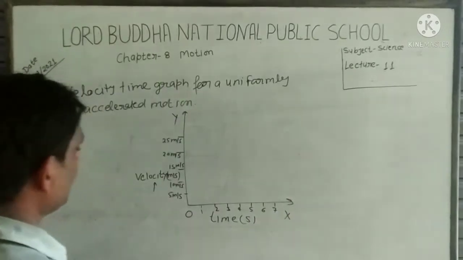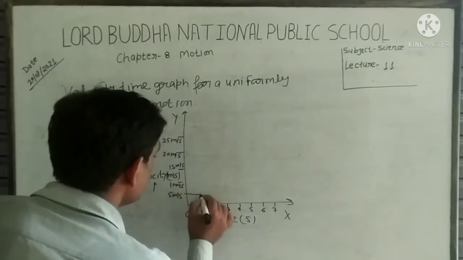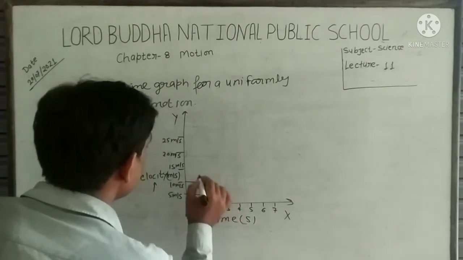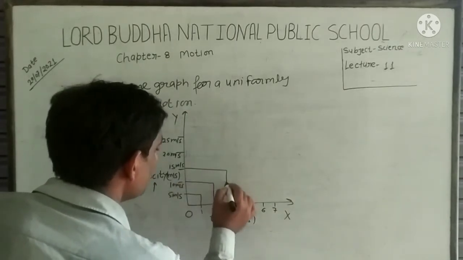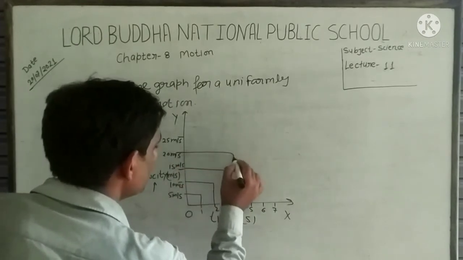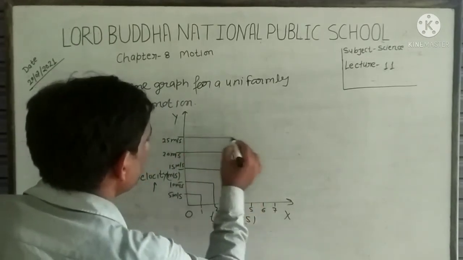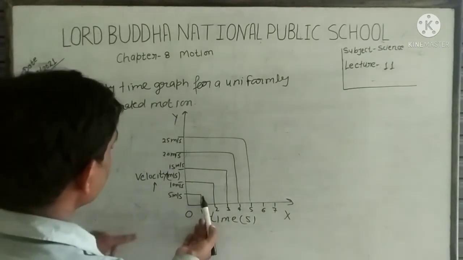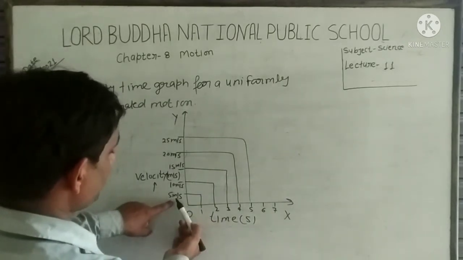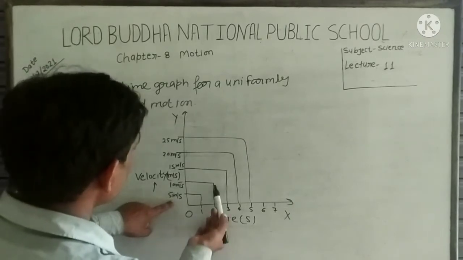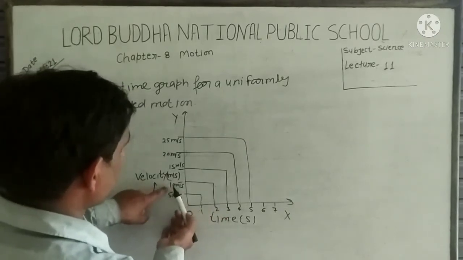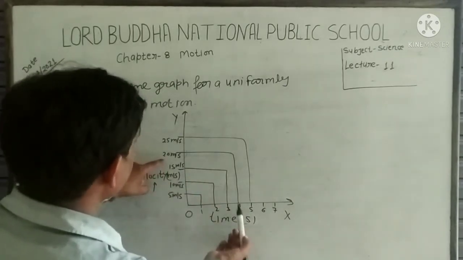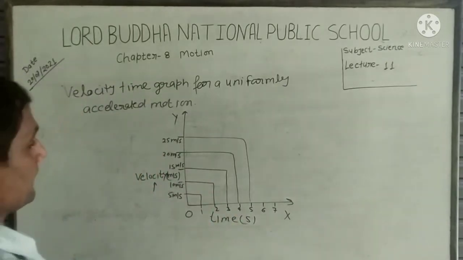Okay? Now the position will be here after 1 second, after 2 seconds the object will be here, this will be here. If we write the coordinates, it will show 1, 5. Means after 1 second the velocity of object will be 5 meters per second. After 2 seconds the velocity will be 10 meters per second. After 3 seconds it will be 15 meters per second. After 4 seconds it will be 20 meters per second.